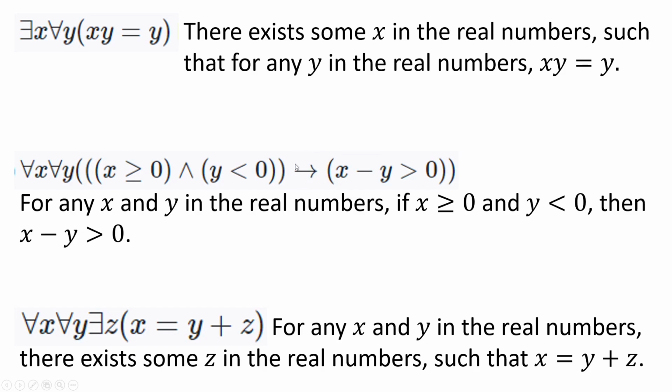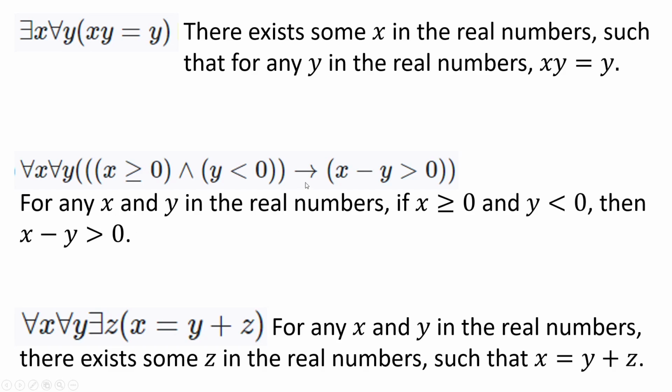When you see an arrow like this, on the left hand side of the arrow, it means if this, then this. This implies this. So for any x and y in the real numbers, if x is greater than or equal to 0 and y is less than 0, then x minus y is greater than 0.